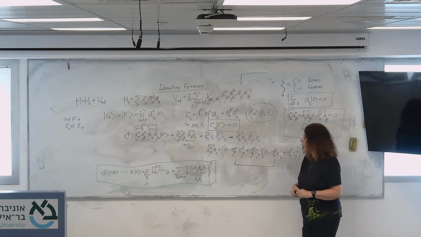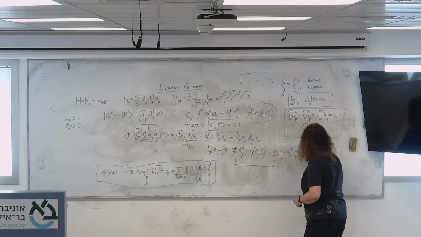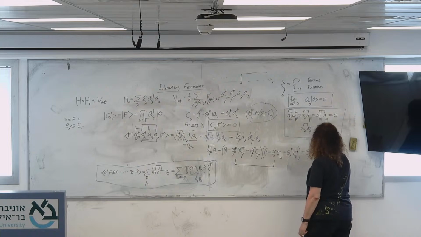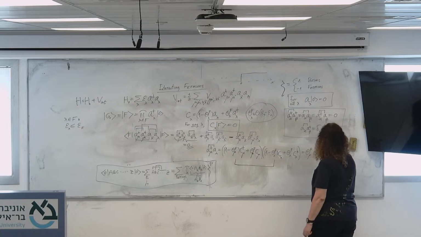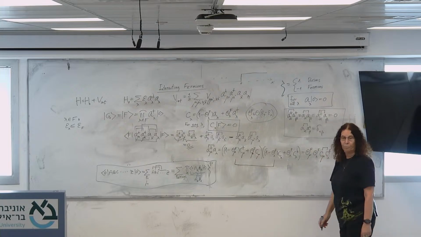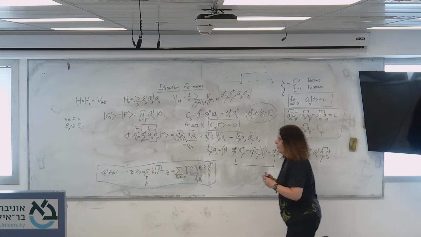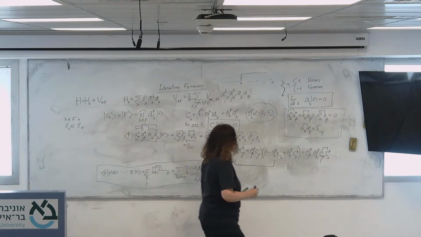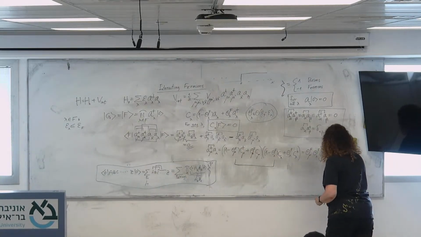So therefore, the result is, and notice what I get, a theta of mu times a theta of lambda of C mu, C lambda dagger contraction. But this is a delta of mu lambda. A delta of mu lambda.